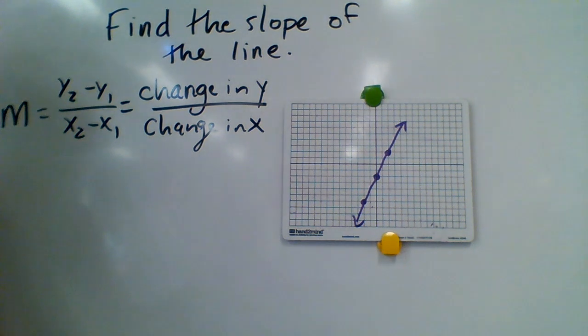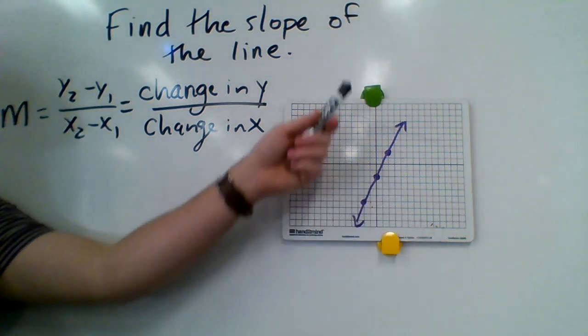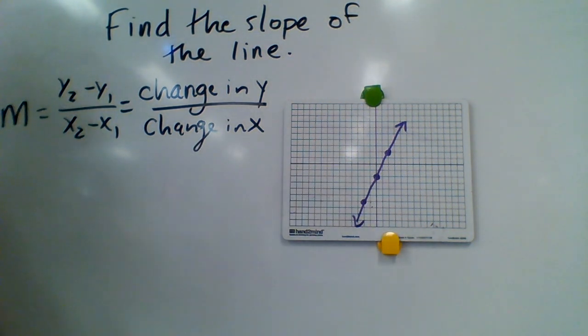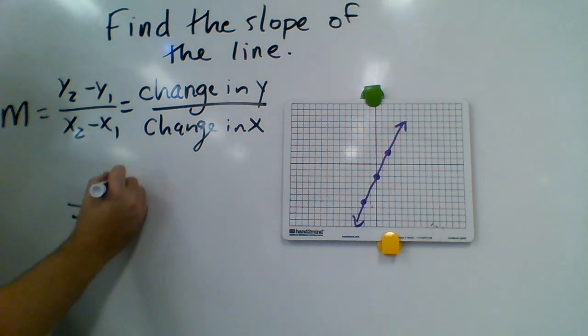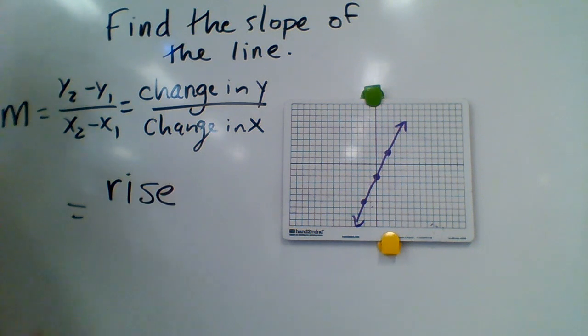If we look at it on a graph and we look at the change in y, our y values go up and down. So if we look at our change in y, another way of talking about it just on the graph is looking at our rise on our graph. Looking at how much it rises from point to point.